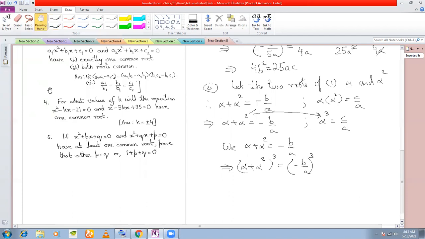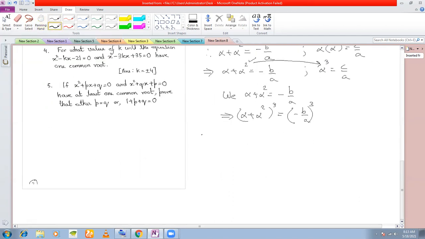Now we expand this by the a plus b whole cube formula: a cube plus b cube plus thrice ab into a plus b is equal to minus b cube by a cube.